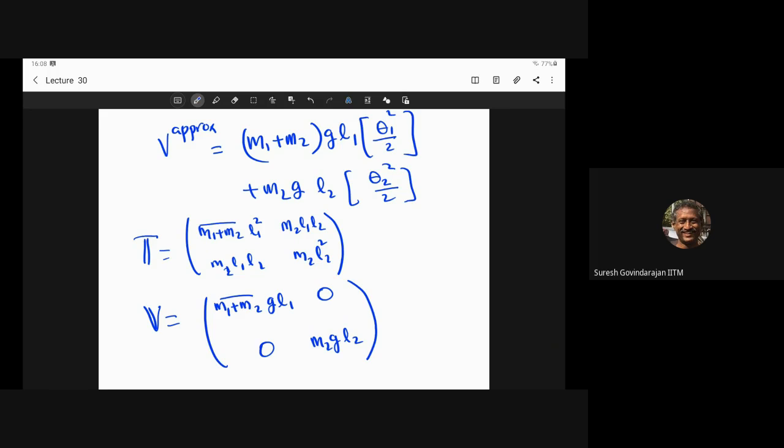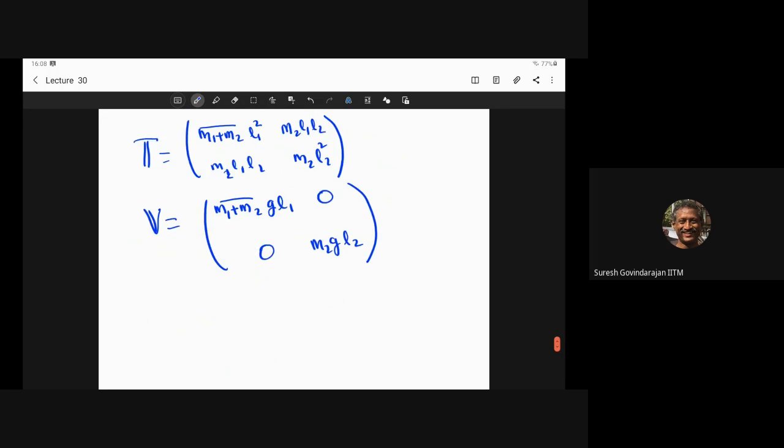So we have this, and we need to solve for eigenvalues first.